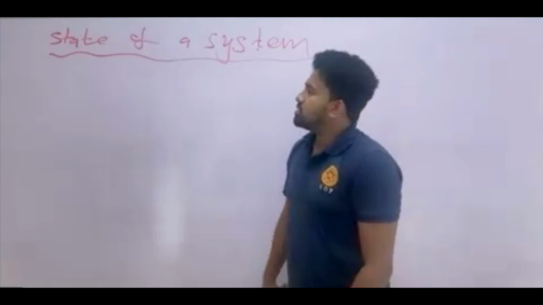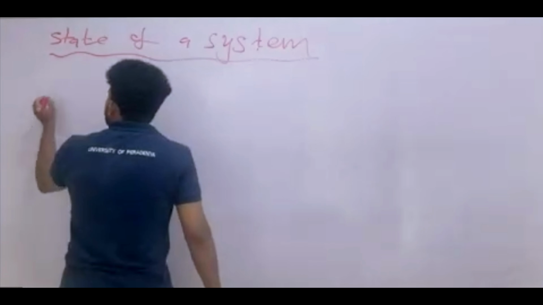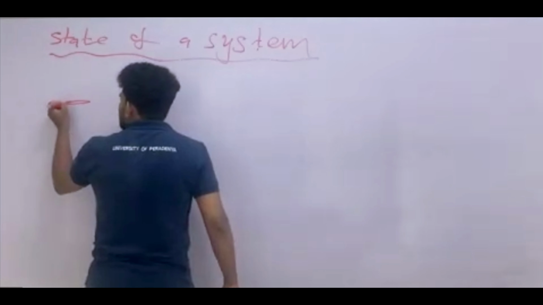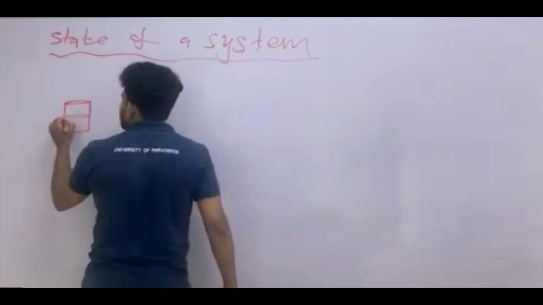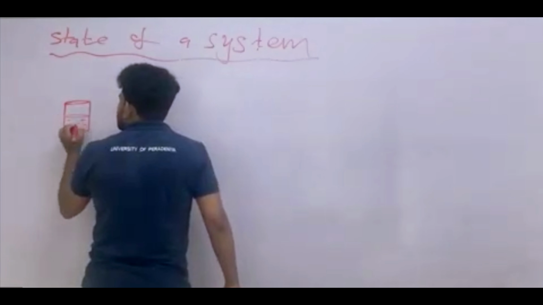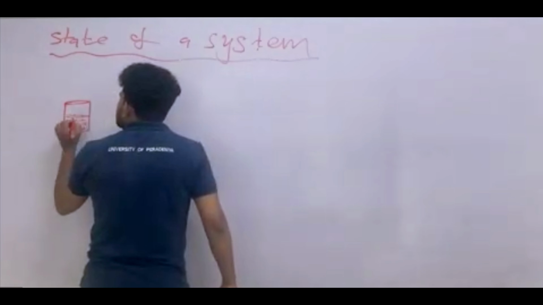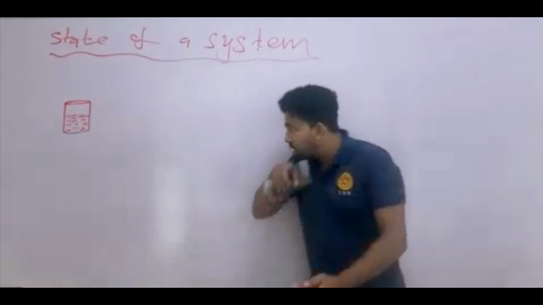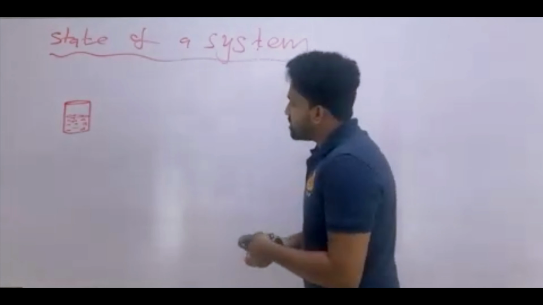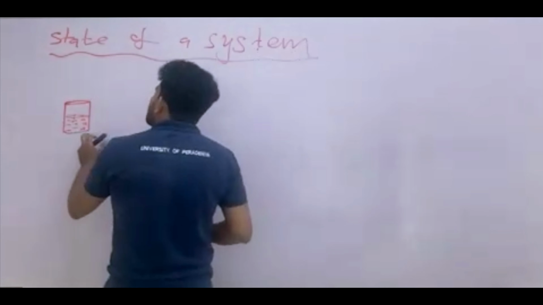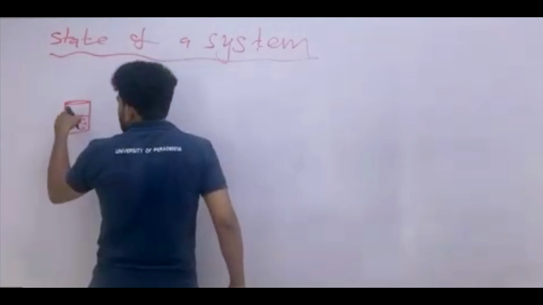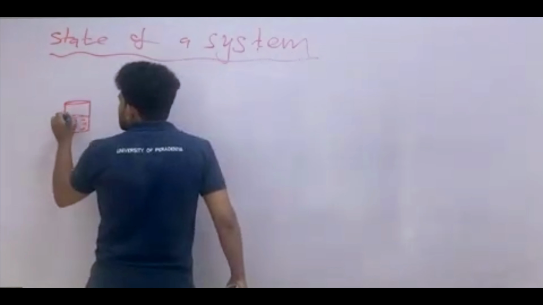If we use a beaker, so what normally we do in practicals in the laboratory, we use a beaker and we put some chemicals into that one, and then we do a practical.